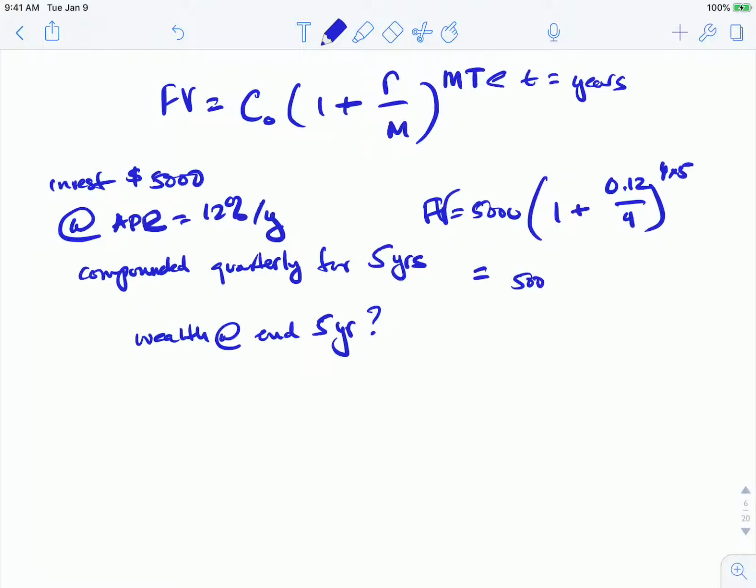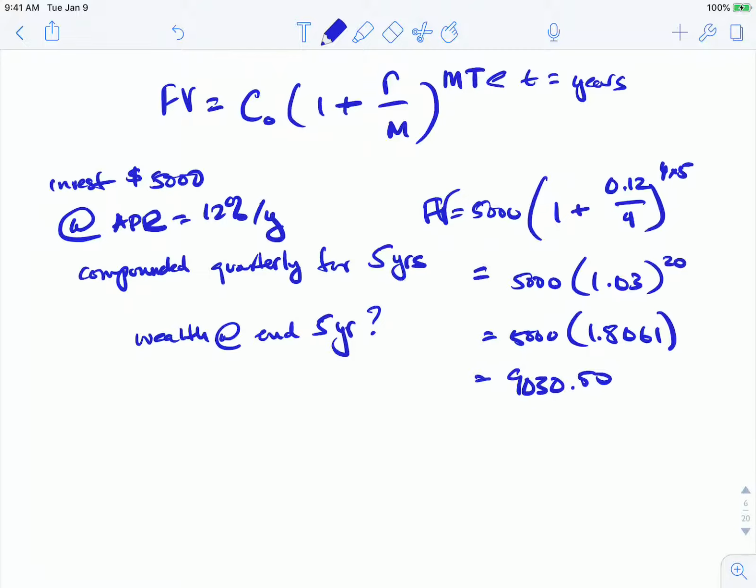5,000 times 1.03 to the 20, which is equal to 5,000 times 1.8061, which is equal to 9,350.